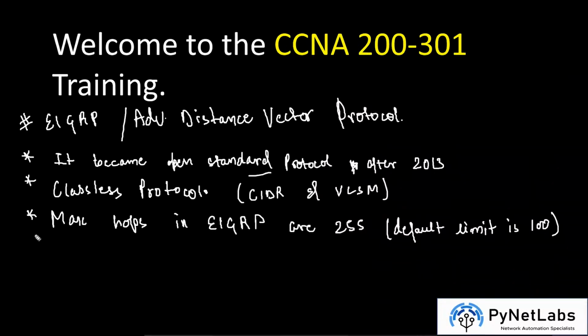Okay, so then after this we have the AD value, which we discussed during RIP. The AD value of EIGRP is 90.